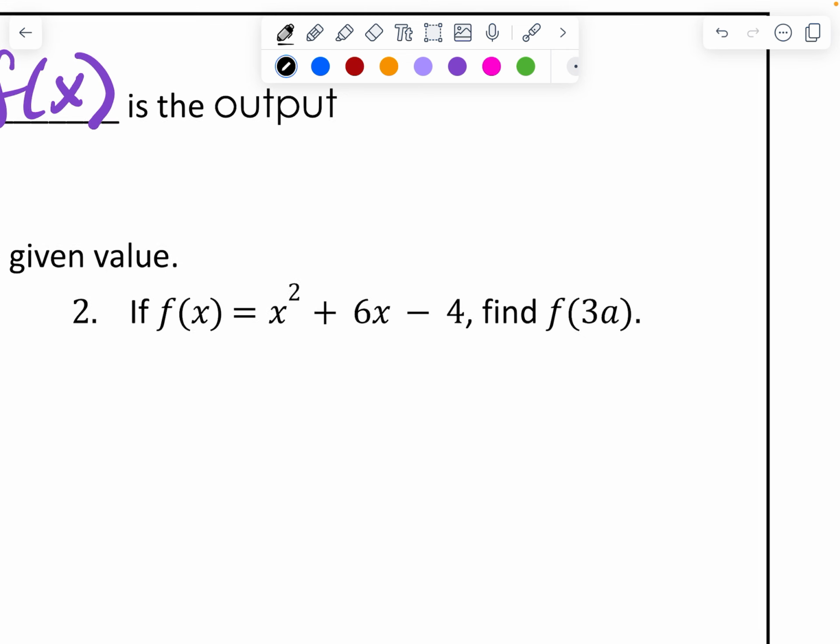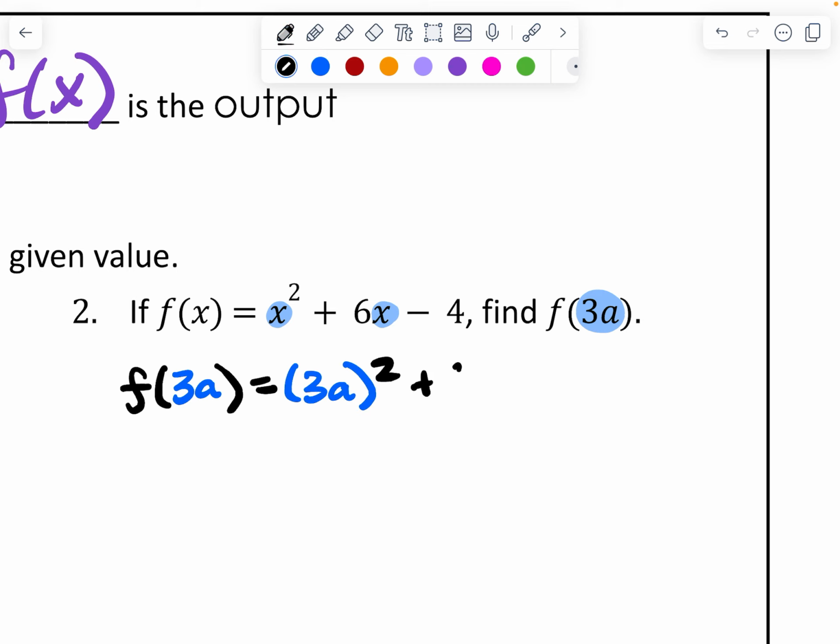Number 2, if f of x equals x squared plus 6x minus 4, find f of 3a. So our input is 3a, and we're putting it here and here in the function. So f of 3a equals 3a squared plus 6 times 3a minus 4.